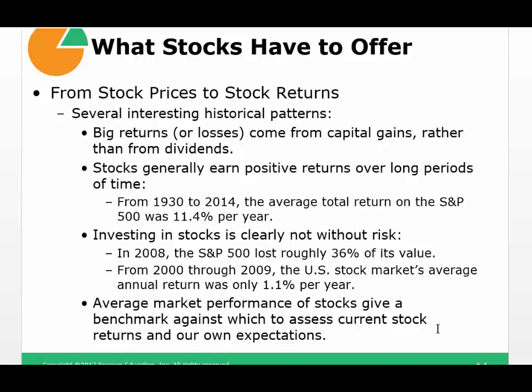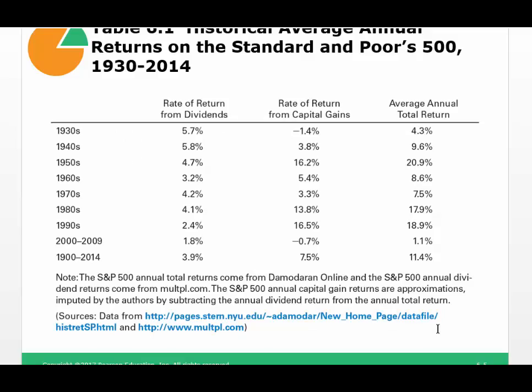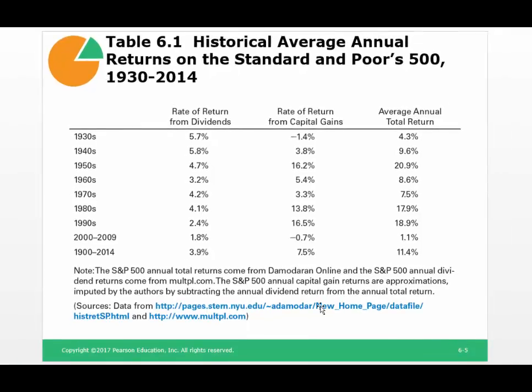So average market performance gives us a benchmark to measure by. But we also obviously have to be careful. We have to understand what it is that we're investing in and how that's supposed to react and how we're supposed to react, I guess. So here's, again, just a little bit of a picture. You can see here that every decade, every time frame that they have shows that the stock markets have an ability to make money, right?